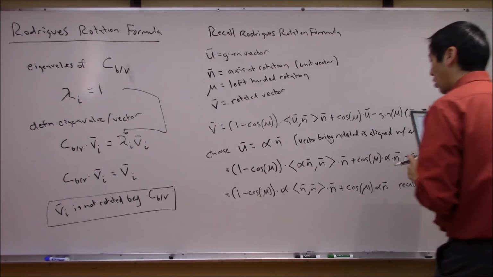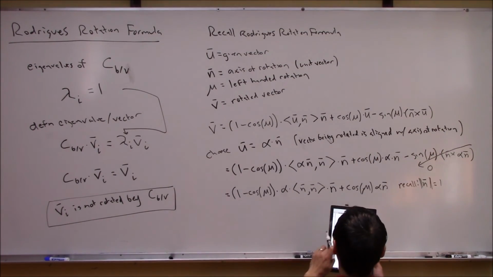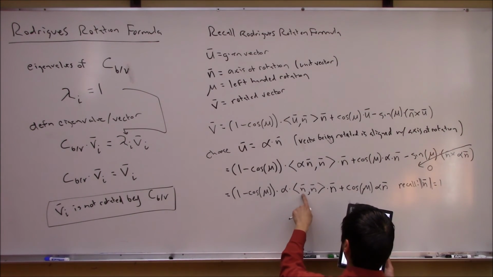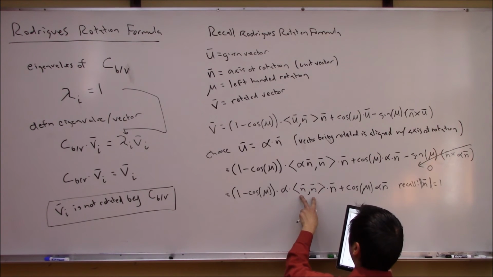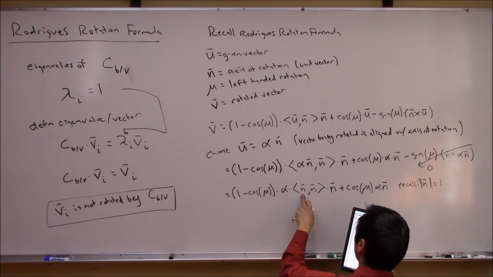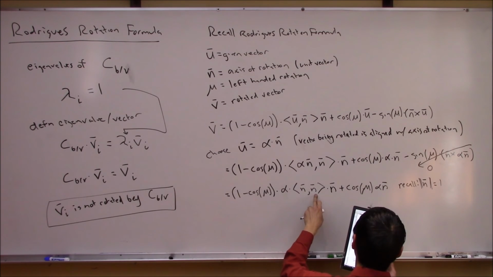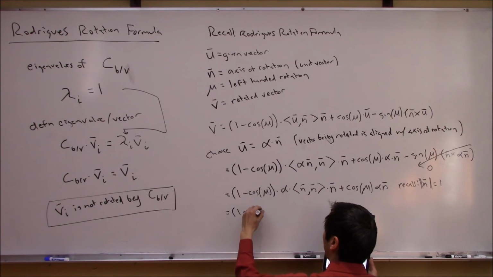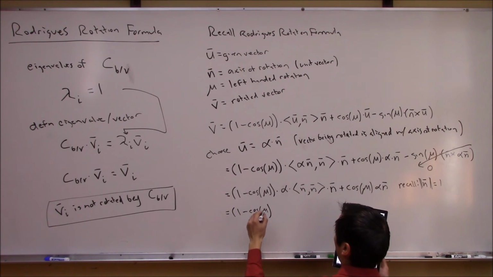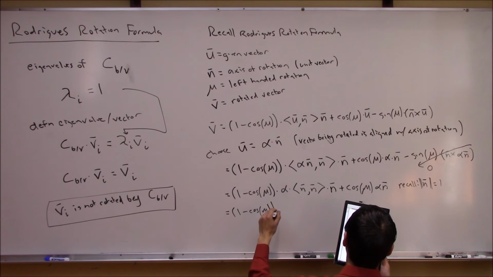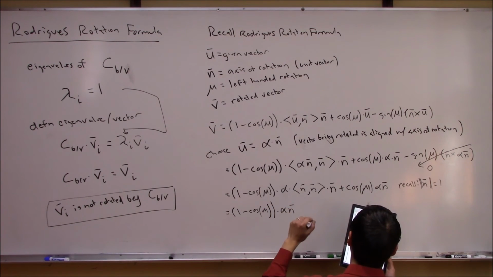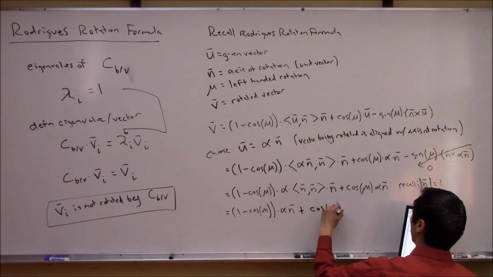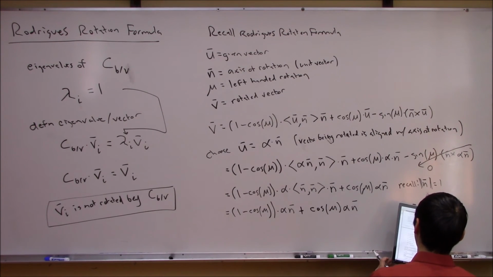So the dot product is a vector of magnitude 1 times itself, which is a big fat 1. So we end up with 1 minus cosine of mu, this whole thing, times alpha n, plus cosine of mu alpha n.